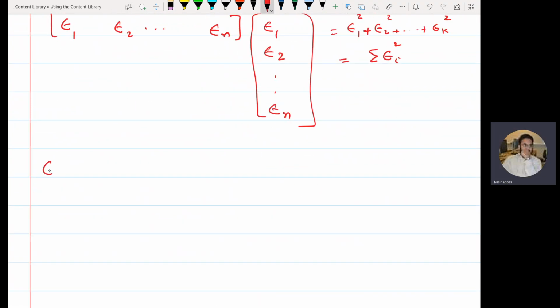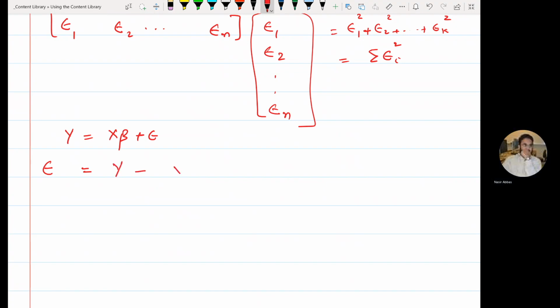Now, what is epsilon from the model? The model is y equals x beta plus epsilon. What is epsilon? It's y minus x beta, correct? You just take x beta to the other side, you'll get epsilon. So let me multiply epsilon prime with epsilon.